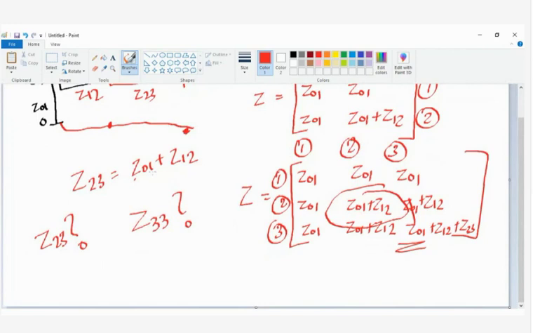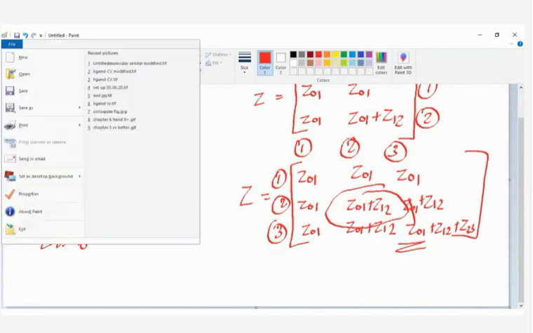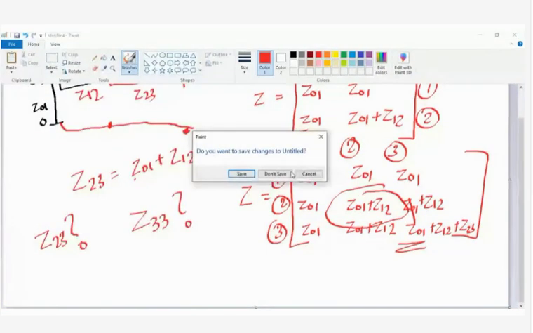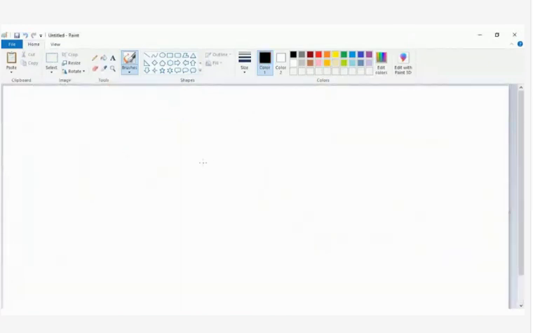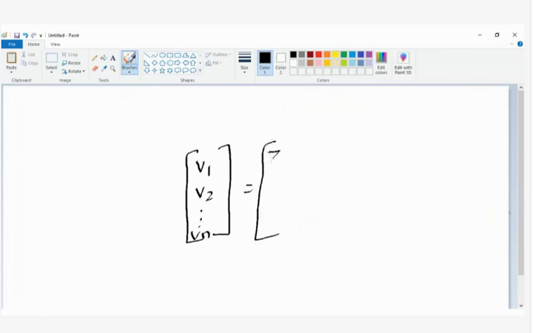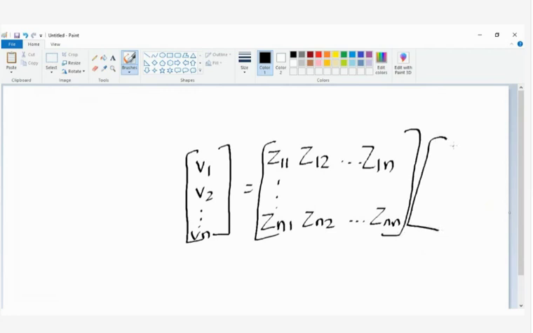What will be Z versus? It is V1, V2, etc., Vn, equals Z11, Z12, etc., Z1n, Zn1, Zn2, etc., Znn, into I1, etc., In.